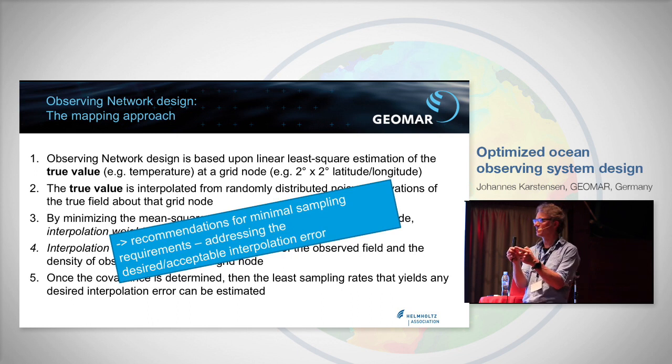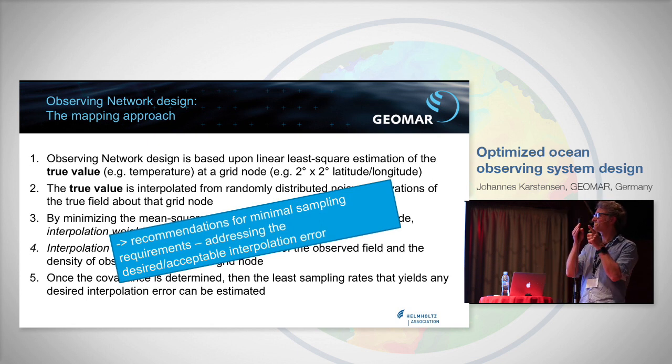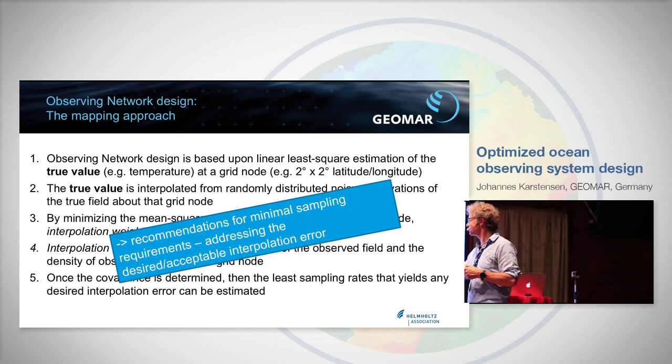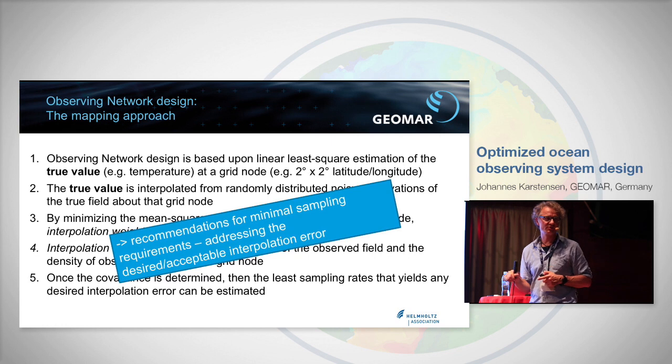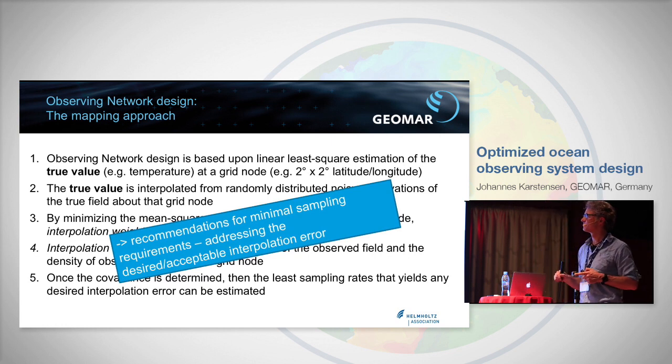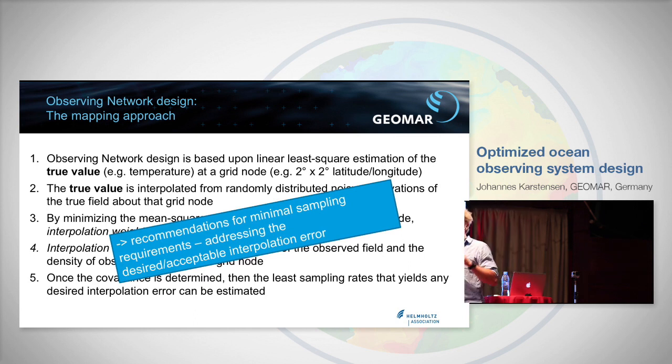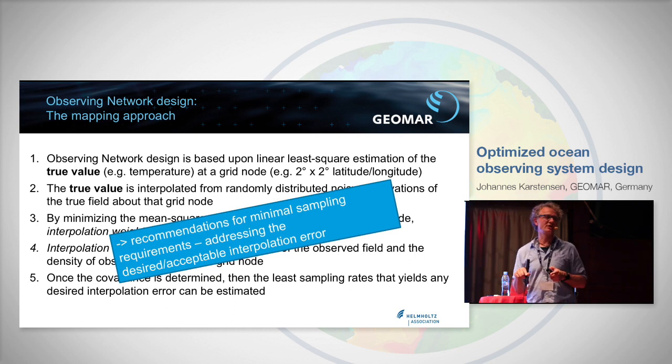Because you can just say, okay, if I want on a daily basis temperatures within 0.1 degrees being determined, then I need to have a certain least sampling in order to come up with that result. So that leads into objective, based on the underlying data, recommendations for a minimal sampling requirement that answers desired acceptable interpolation errors.